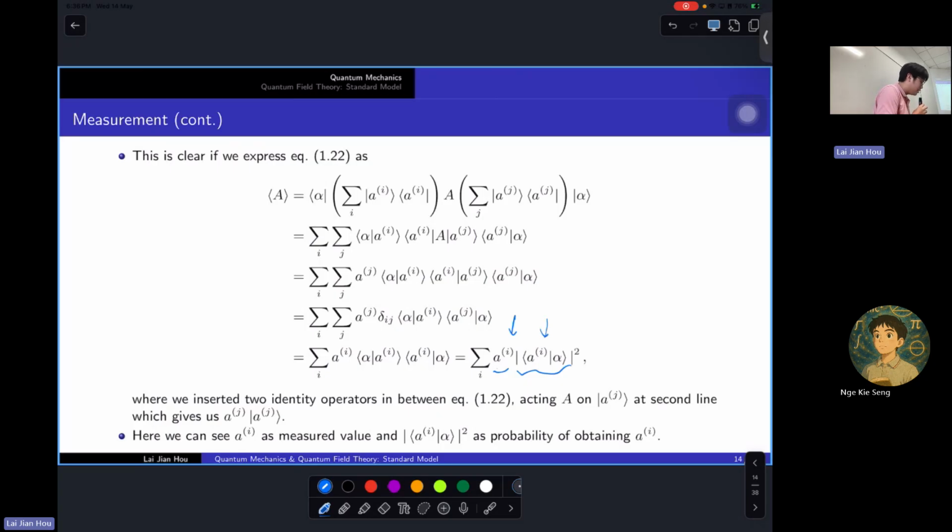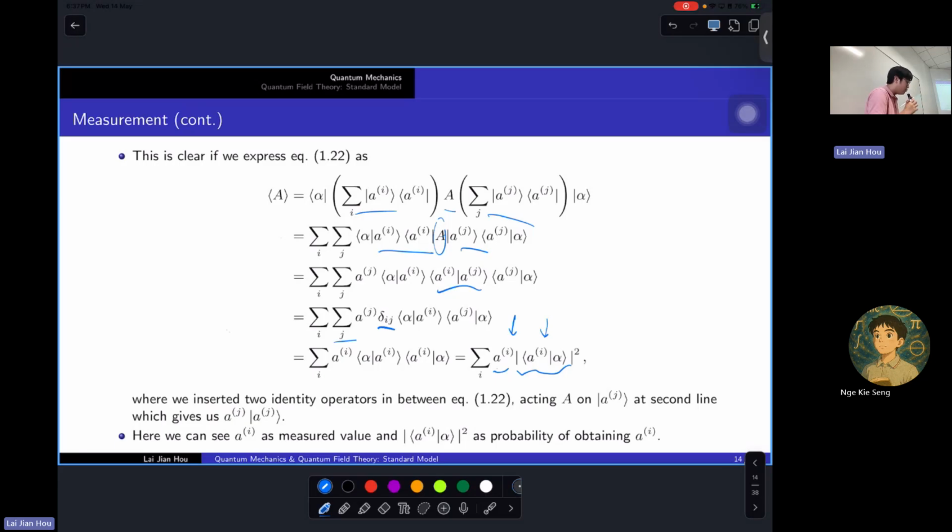So we insert two identity operators in between the bra A and ket alpha, and we let the operator A act on the ket. This gives us the eigenvalue and also the eigenket. We also notice that these two states, this bracket together, give us the orthonormality property, which gives us the Kronecker delta, and it should be put in front. We take the summation over the index j.